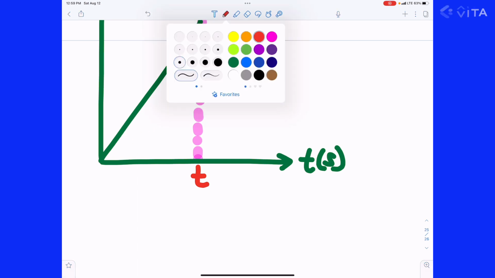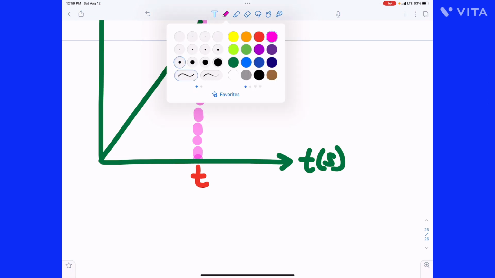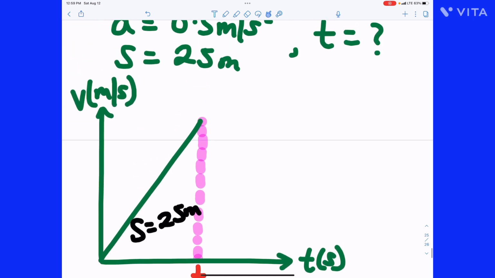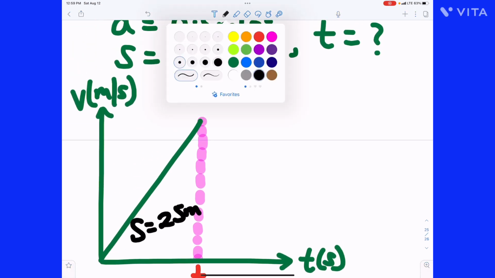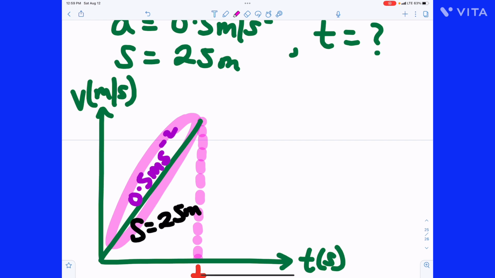Distance covered, 25 meters. We know the acceleration, 0.5 meters per second squared. The acceleration stands as the gradient of this graph. So we have marked the acceleration, everything is ready.